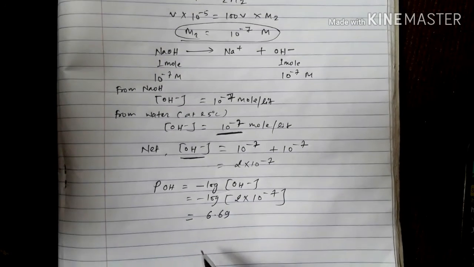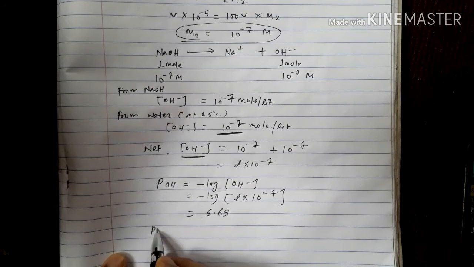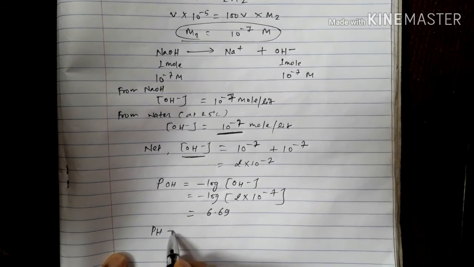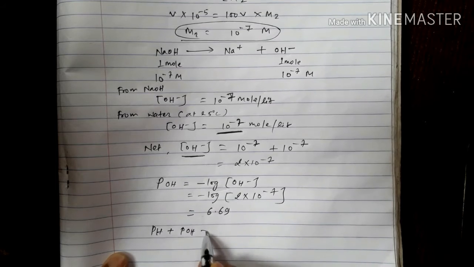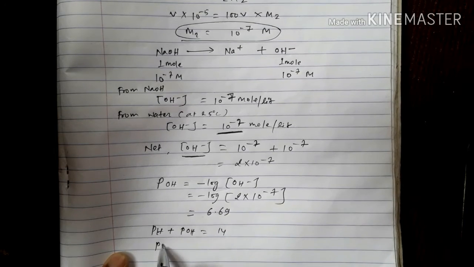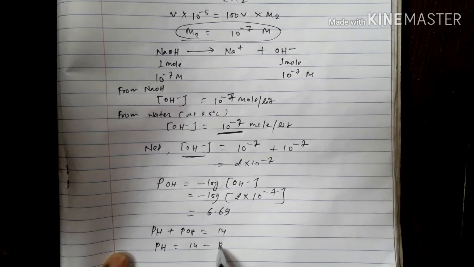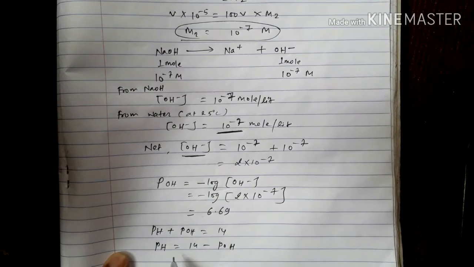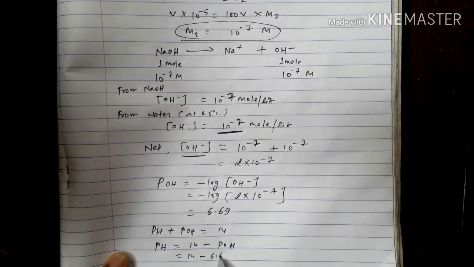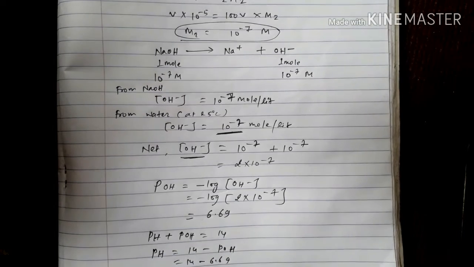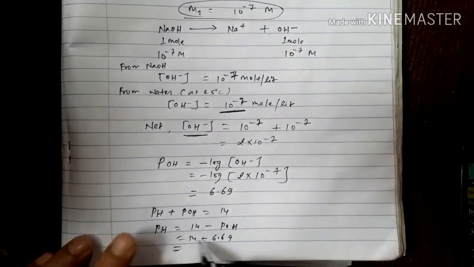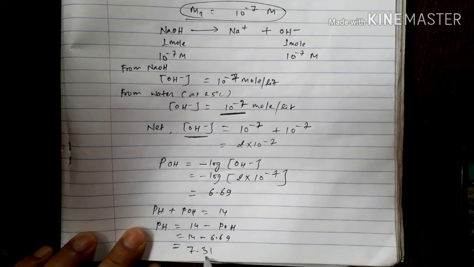Now, to find the value of pH, we know that pH plus pOH is 14. Therefore, pH equals 14 minus pOH. 14 minus 6.69, the answer will be 7.31.